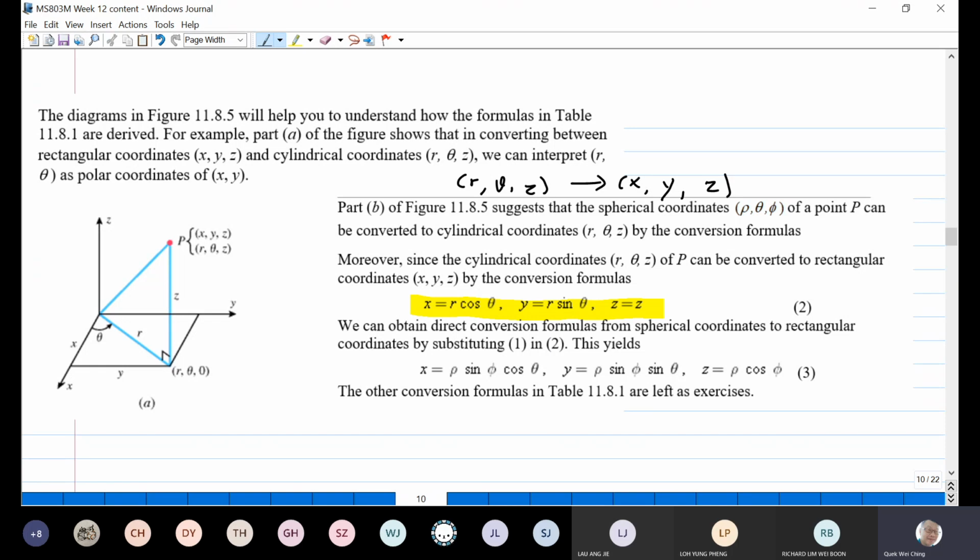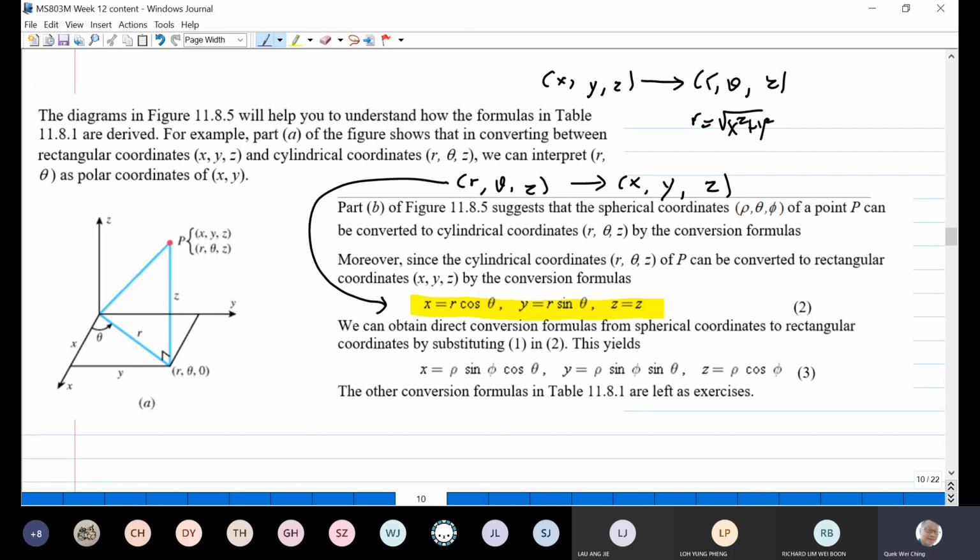Okay, how about the other way around, x, y, z to r, theta, z? R is the distance measured from the z-axis, so r is equal to the square root of x squared plus y squared.